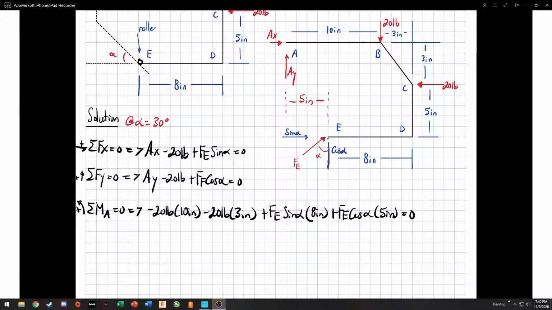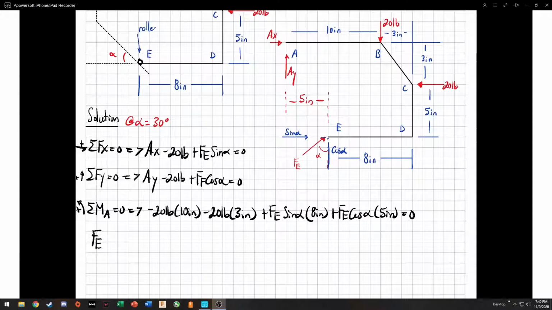All equal to 0. We need to go ahead and simplify this equation down so that we can solve for FE. To solve for FE, we can put it in common factors.